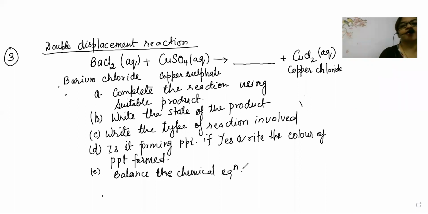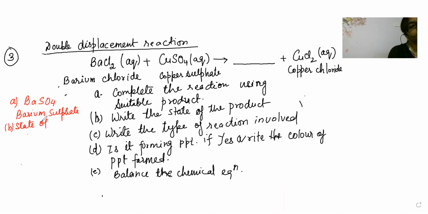So the first part of the question is: complete the reaction using suitable product. So the first answer is BaSO4, barium sulfate. Second, write the state of the product. State of the product is solid.